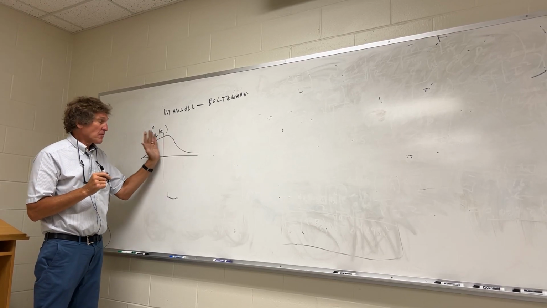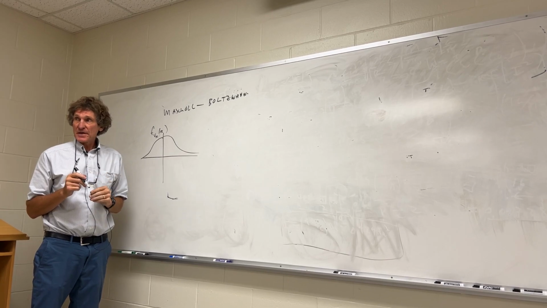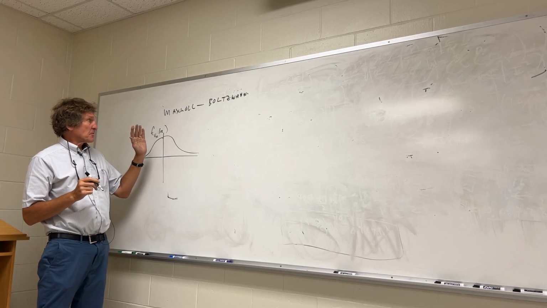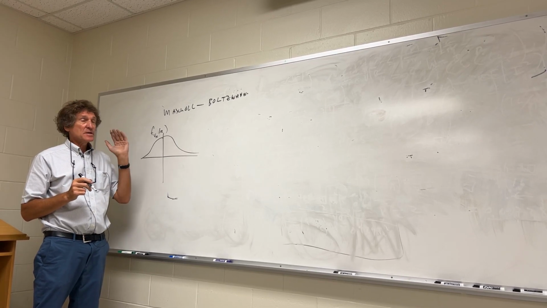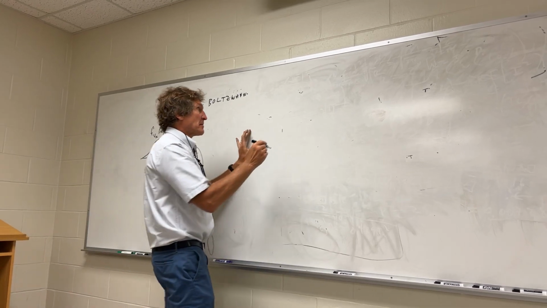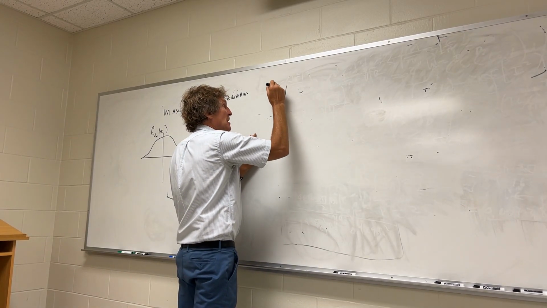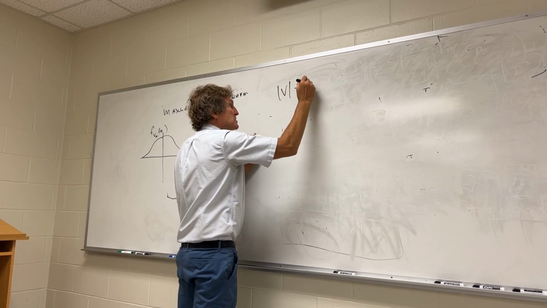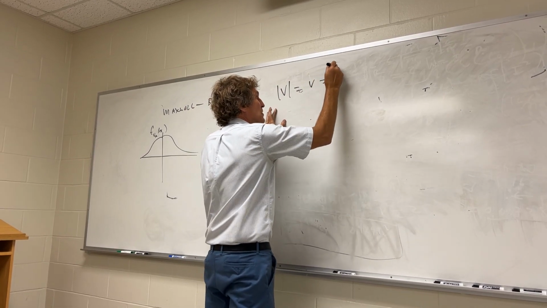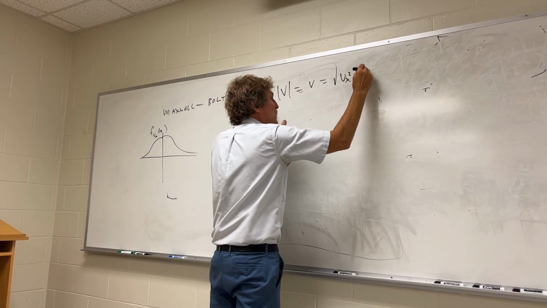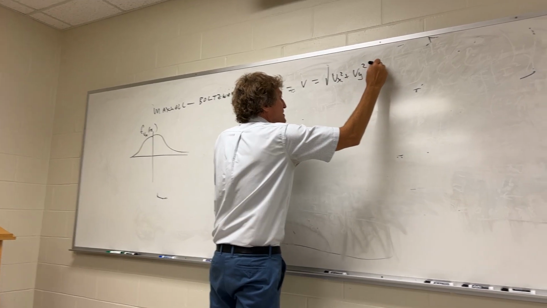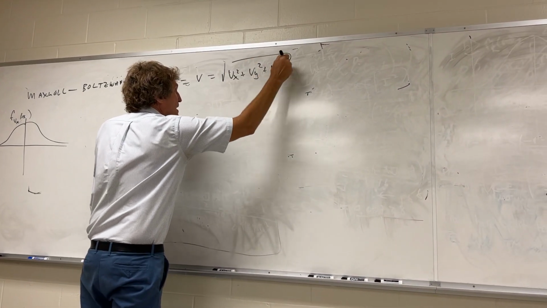But over the central part, over the mean value, it's Gaussian. That's for the velocity in the x, y, and z directions. If you talk about the magnitude of the actual velocity, he just calls it v, the square root of vx squared plus vy squared plus vz squared.